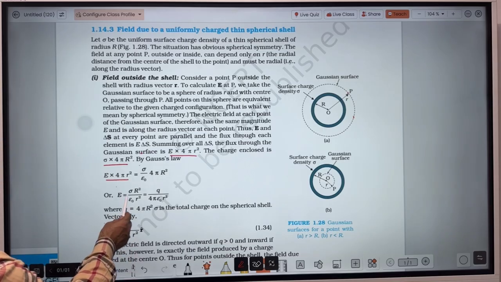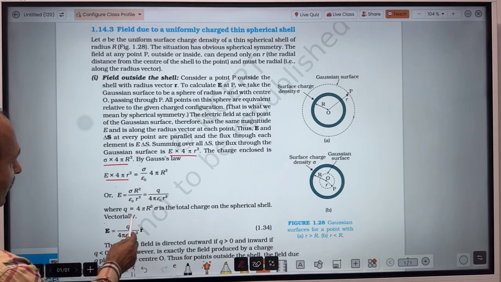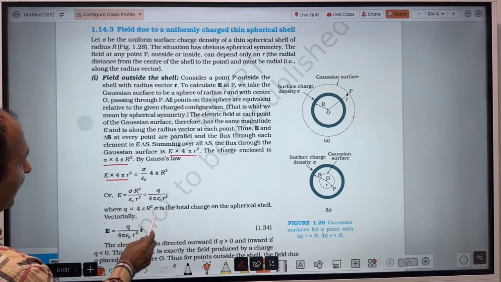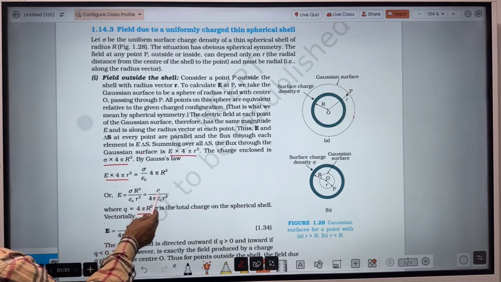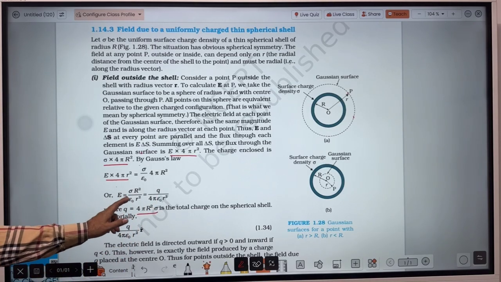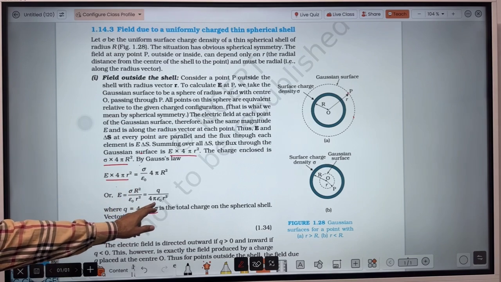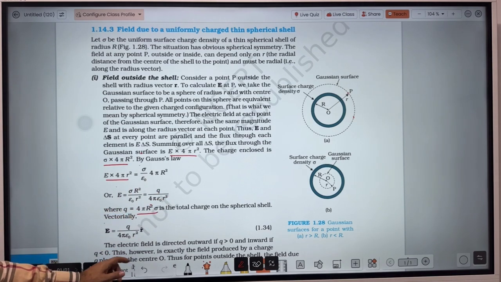Now in place of sigma, what can we write? Q equals 4 pi r square sigma. Here we can multiply by 4 pi r square sigma, so 4 pi will appear in the denominator also, and then we will get this relation.